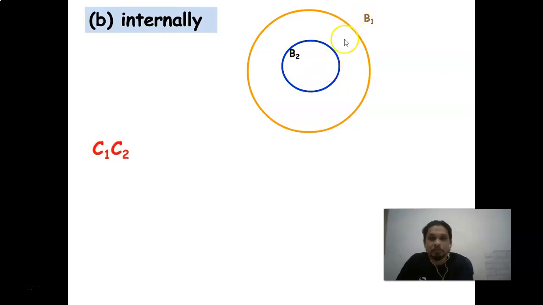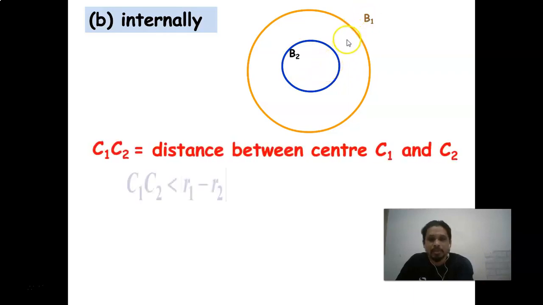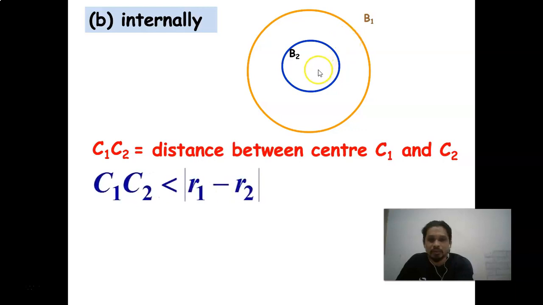So the distance between C1 and C2, the distance between the center of C1 here and the center of C2 somewhere around here, with radius 1 and radius 2, might be less than the modulus of R1 minus R2.